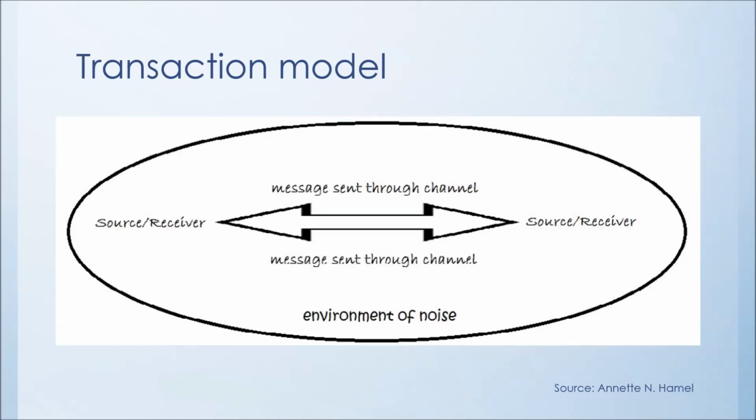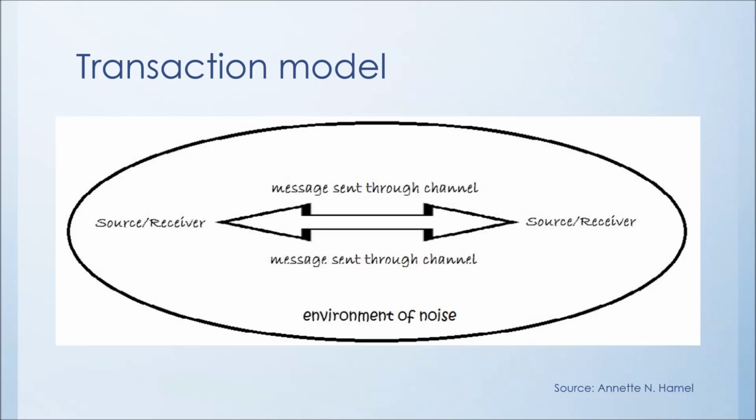The third communication model, and the most complex of the three, is called the transaction model. In the transaction model, both parties are acting as source and receiver at the same time, and messages are going back and forth simultaneously. This doesn't mean that we're talking over each other or interrupting each other.